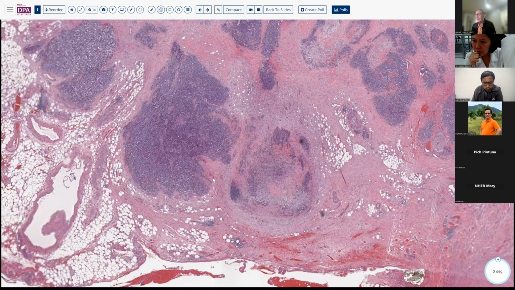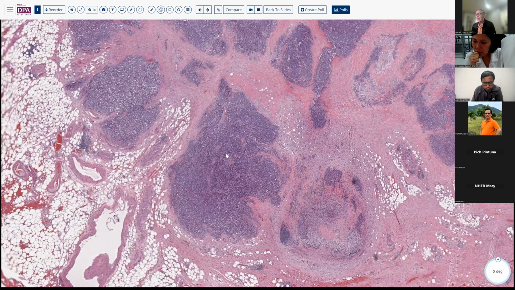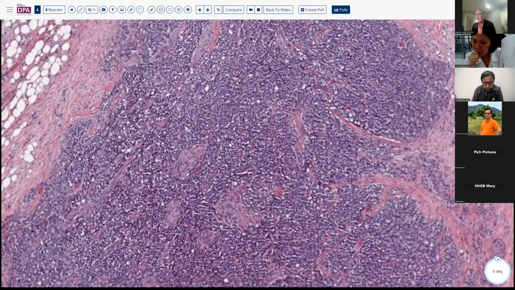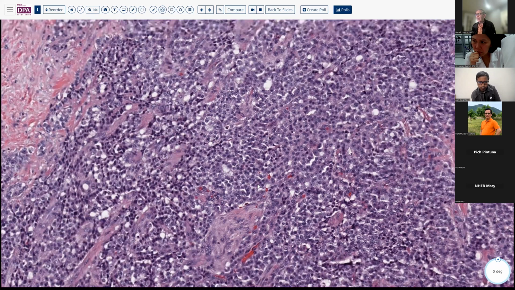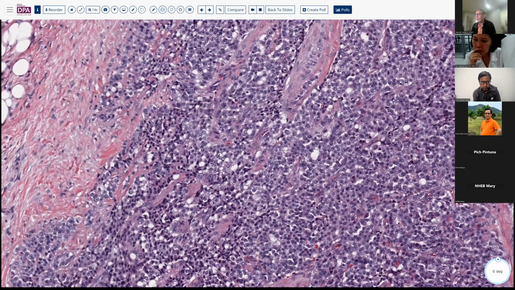And you can see, again, more dark appearing cells, a little bit less cytoplasm in these cells than in some of the other examples that we've looked at here. But the sheet-like growth, nested growth, trabecular growth, occasional cystic change, those are the morphologies we usually associate with neuroendocrine tumors.